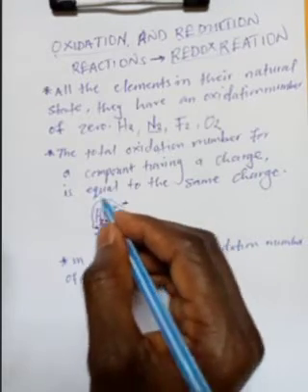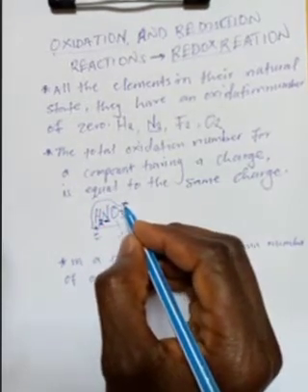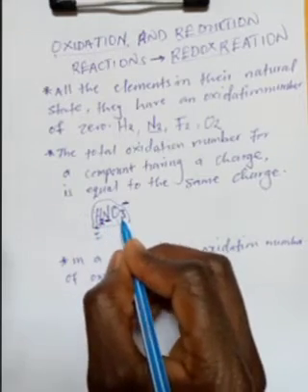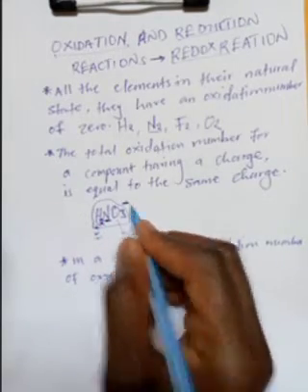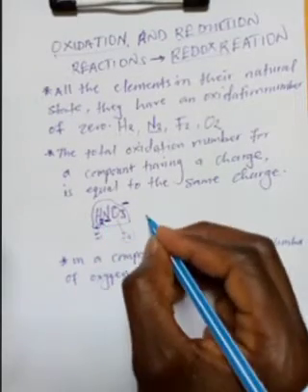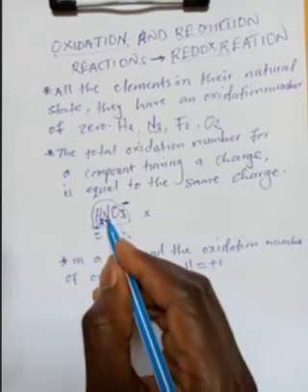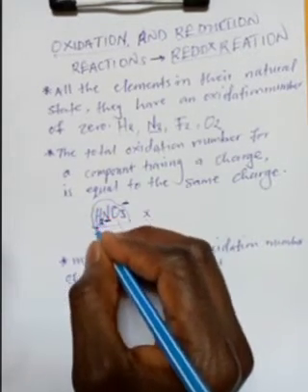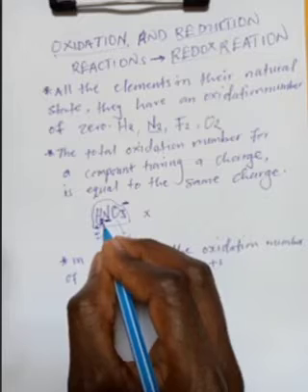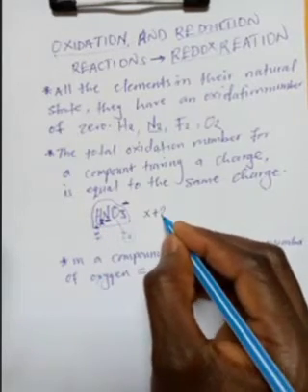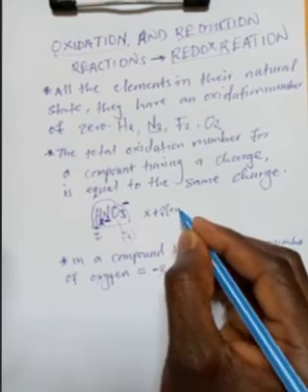And since this entire compound is raised to a charge of negative, the total sum of all the oxidation numbers here must be equated to the charge. And how are you going to find the oxidation number for this one here? You say X for nitrogen, then you add the oxidation number for hydrogen. Since we have 2 hydrogen atoms here, you say plus 2 multiplied by positive 1.